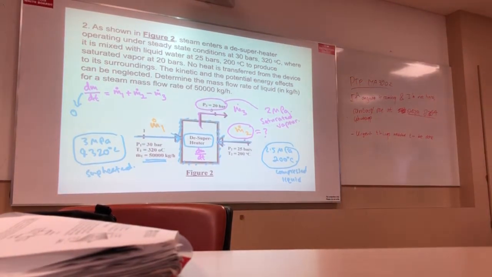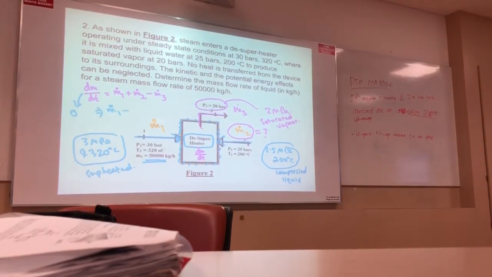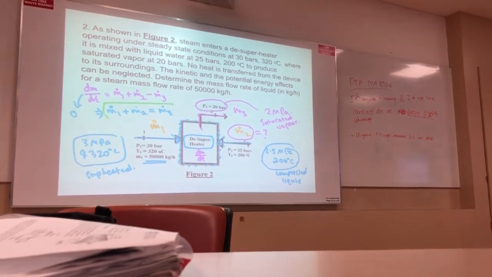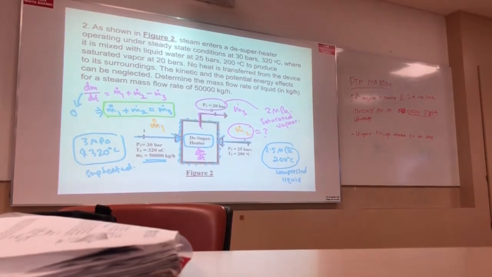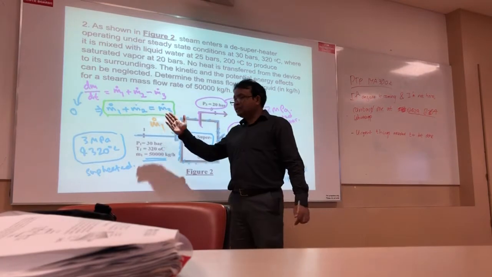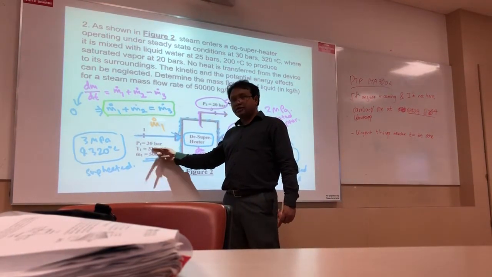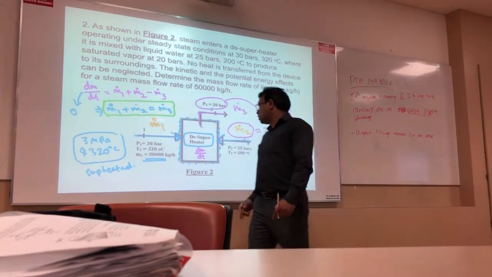So the mass balance tells me ṁ1 plus ṁ2 is equivalent to ṁ3. So this is one equation. What are the conditions? At state 1, 3 megapascal and 320 degrees Celsius.